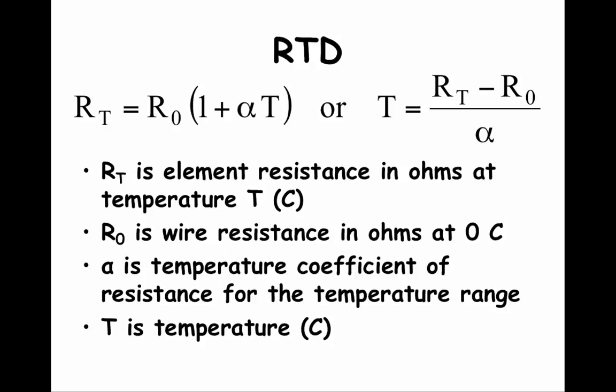R of T is the element resistance, and it equals the wire resistance in ohms at 0 degrees Celsius, R of 0, times 1 plus alpha times the temperature. Alpha is the temperature coefficient of resistance per degree Celsius over the specified temperature range.